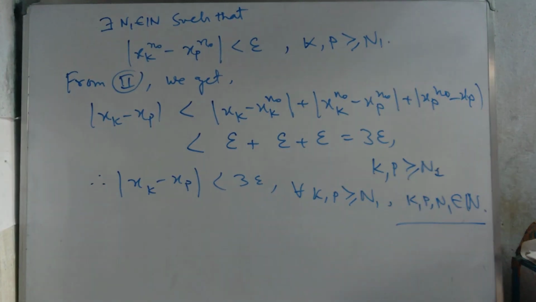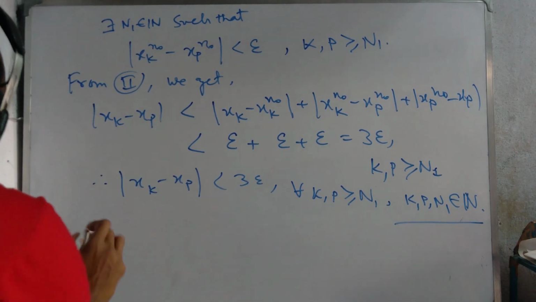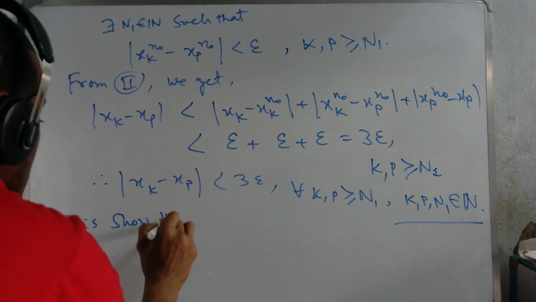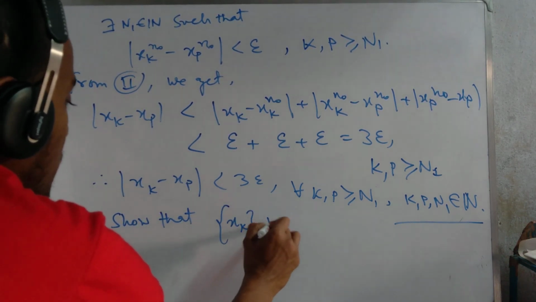Okay, so what have we done? This shows that x_k is Cauchy.